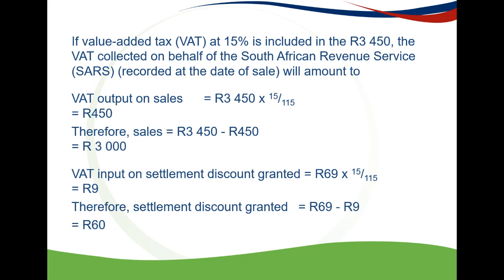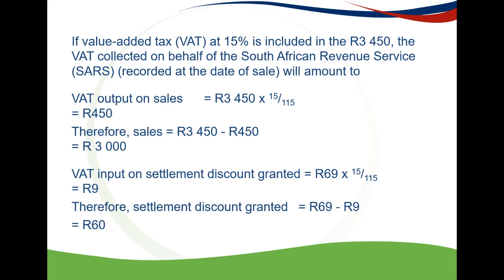Now, if you take that 3,000 and you want to calculate what the VAT was, working this time with the VAT exclusive amount, you would have said 3,000 multiplied by 15 divided by 100. The 15 again relates to the VAT, and the 100 relates to the VAT exclusive amount, because your VAT exclusive is equal to the 100, or your VAT inclusive is equal to the 115.